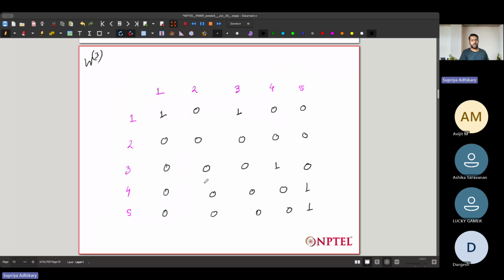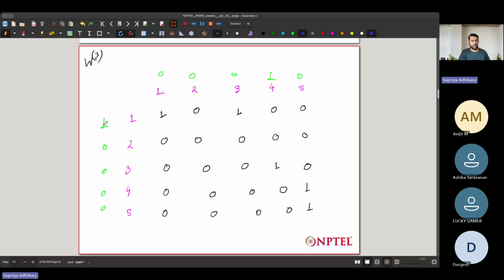In W3, we take the third row and third column. The third column over here is 1 0 0 0 0, and the third row is 0 0 0 1 0.